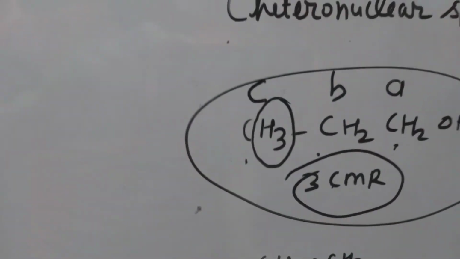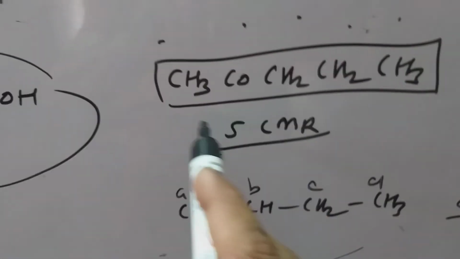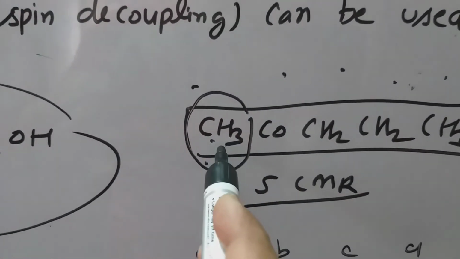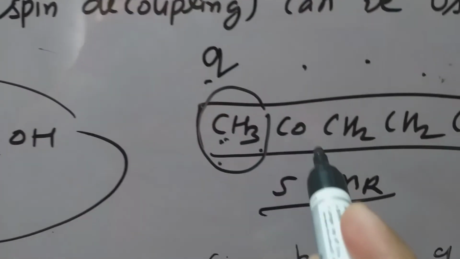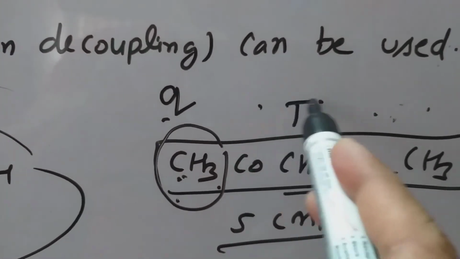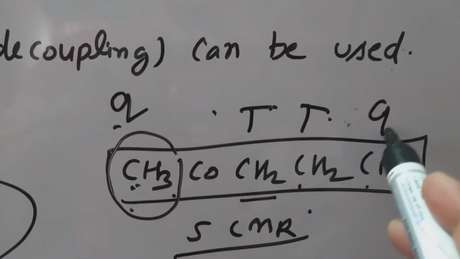We can understand this technique by taking this example. Here this carbon has 3 protons and it will form a quartet. This has 2 neighboring hydrogens, it will give a triplet, it will also give a triplet, and this will form a quartet.